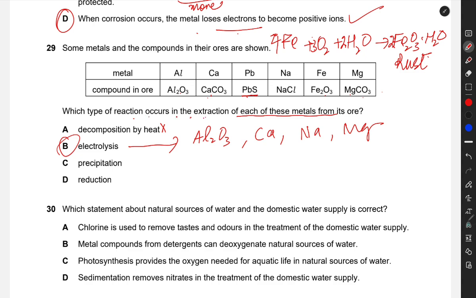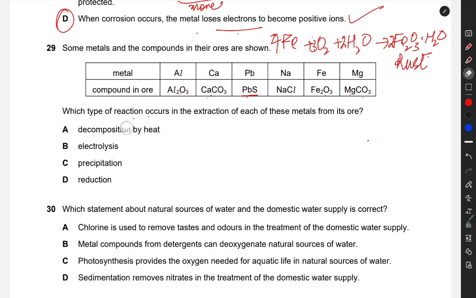Which type of reaction occurs in the extraction of each of these metals from its ore?